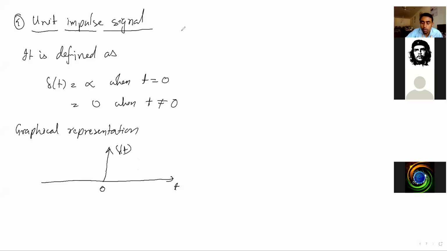So some property or note can be written like this. Area under unit step signal is unity. That is the very important property. Area under unit impulse signal is unity.